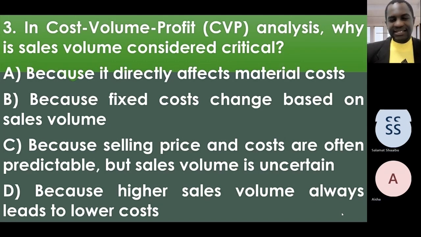So Salmat is with D, right? I'm hearing D. No, it's C. Okay, a second thought to it, because the higher the sales volume always leads to lower cost.